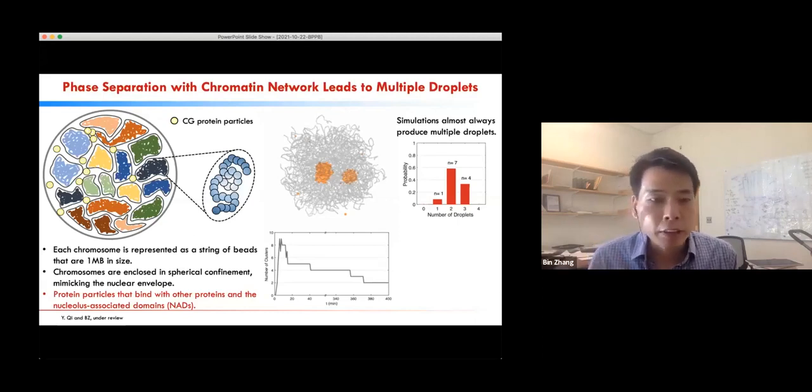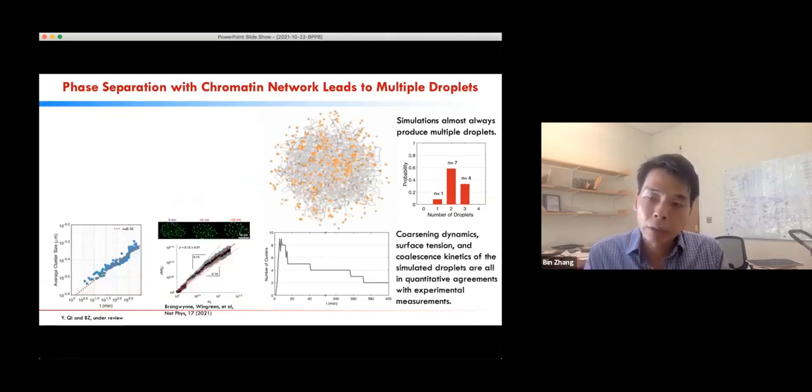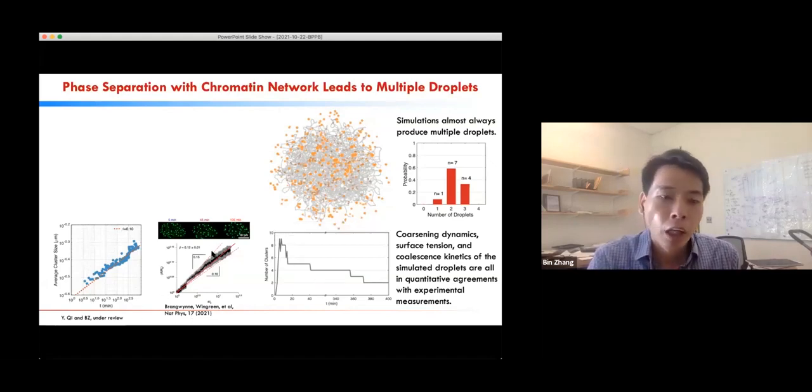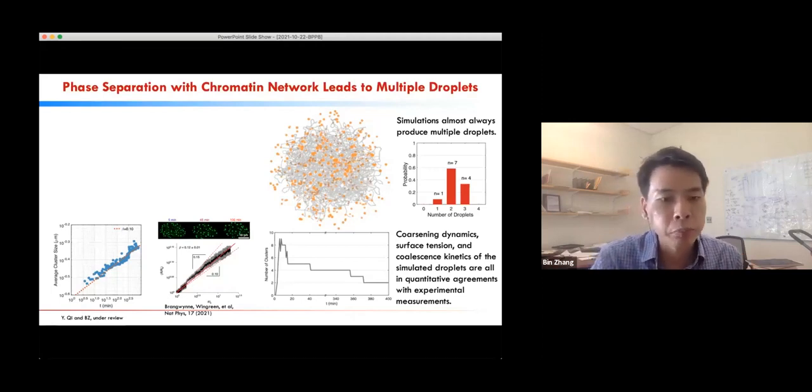Now, before we get too excited, we also performed additional comparisons with the dynamical measurements from experiment to see whether the dynamics of our simulation makes sense or not. In particular, here we looked at the study from the Brangwynne group. They monitored the coarsening kinetics of droplets directly in the cell nucleus. It's actually a very cool experiment.